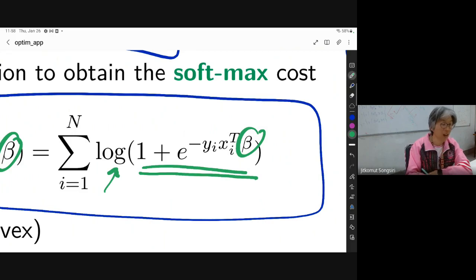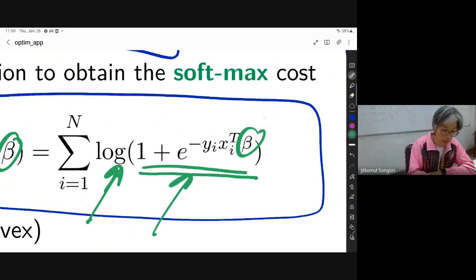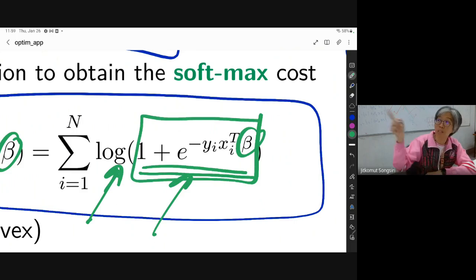But there are other ways to apply the properties of convex functions as well, and one of them is the composite of log with something convex. We didn't discuss that, but I want you to recognize the argument inside: as a function of beta, is it convex or not?